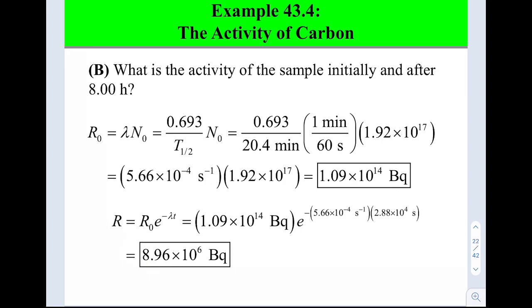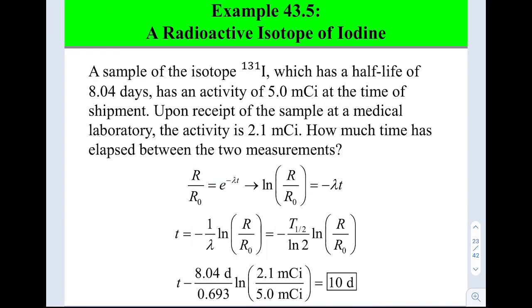Finally you will get 8.96 times 10 to the power of 6 becquerel, or decays per second. Example 43.5, a radioactive isotope of iodine.